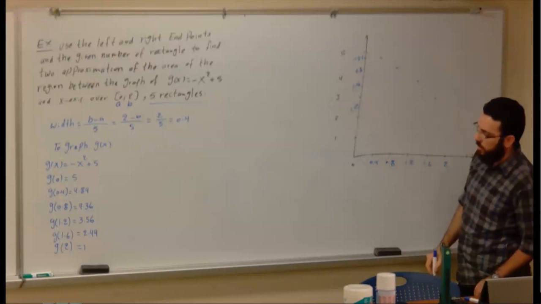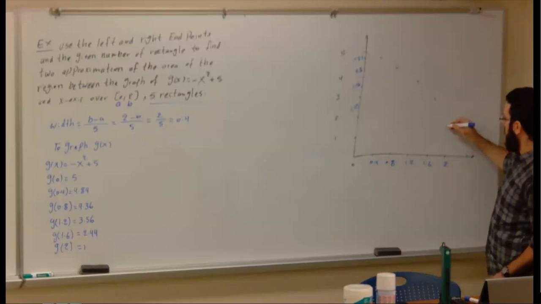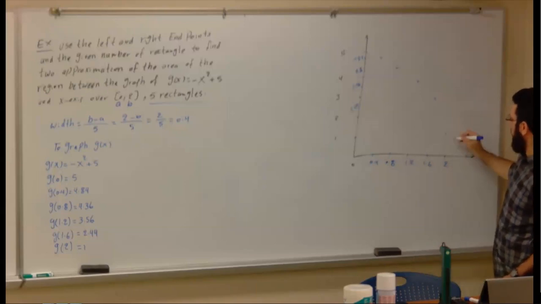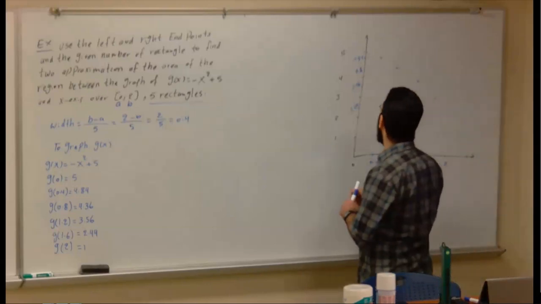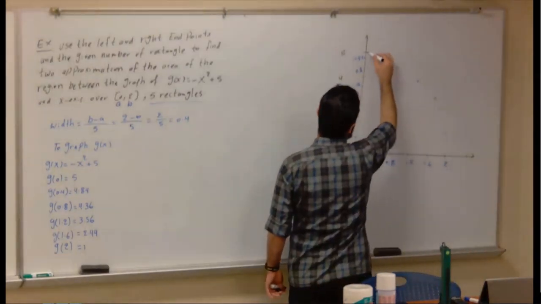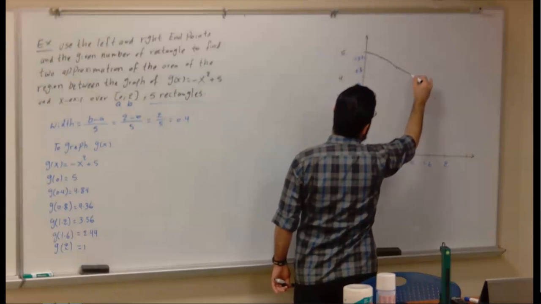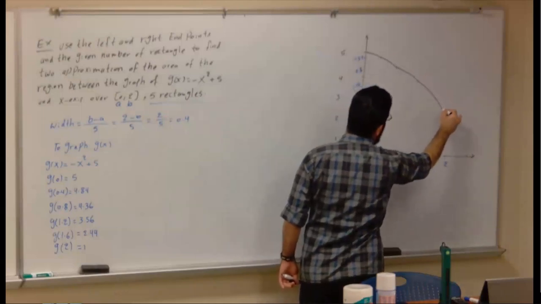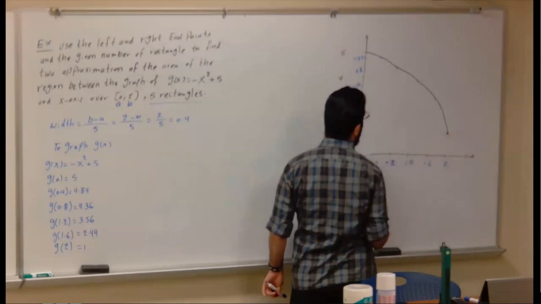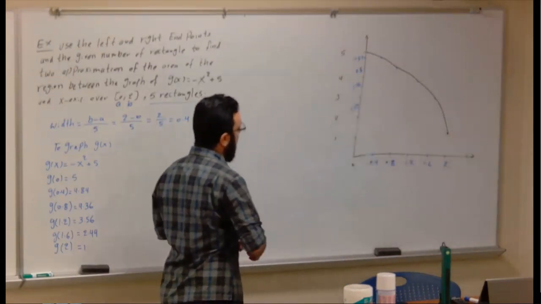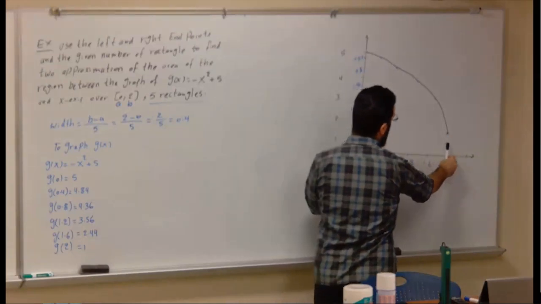The last one, for the 2, is going to be 1. So here is the 2, it's going to be here. That means our graph is going to be like this. I just need to graph until here. I'm not going to care about that because that's my area. I'm going to find between 0 and 2.